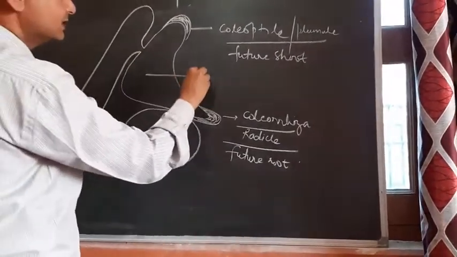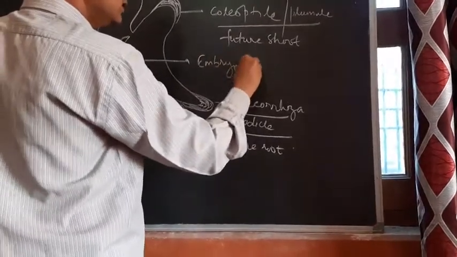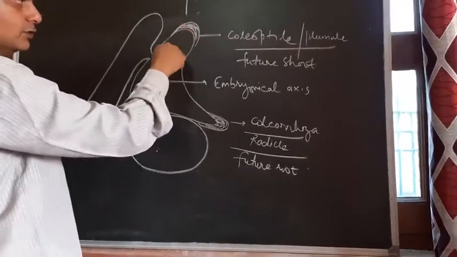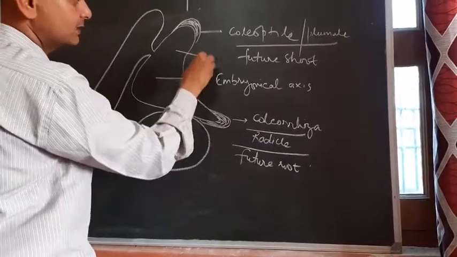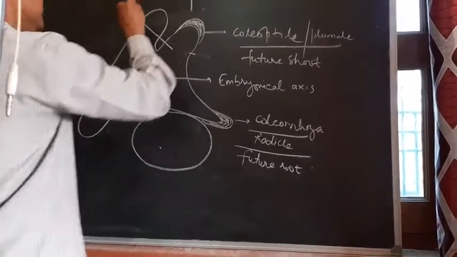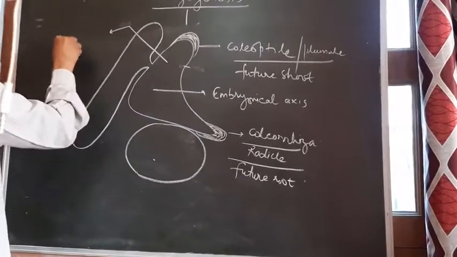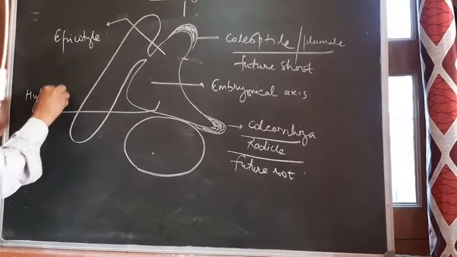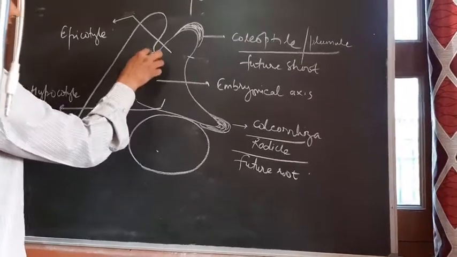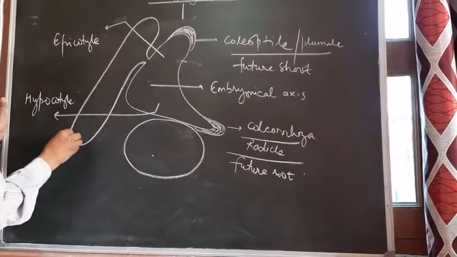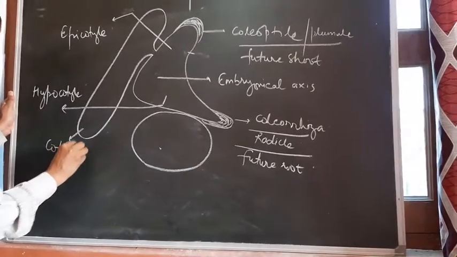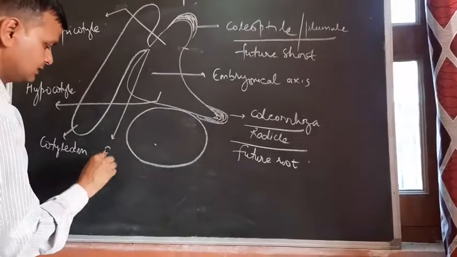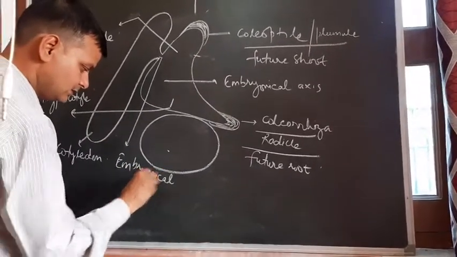This region from here to here becomes the embryonical axis, and the region just below this coleoptile is called the epicotyle, and this end is called the hypocotyle. And the region from where the cotyledon arises, this is the cotyledon, a single cotyledon, so monocot, and this end is called the embryonical node.